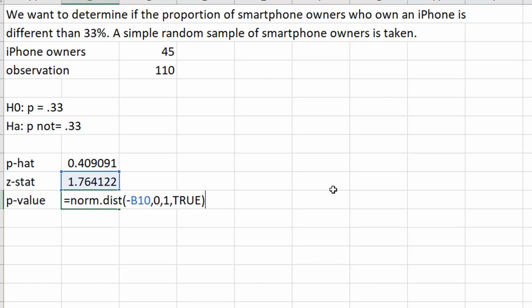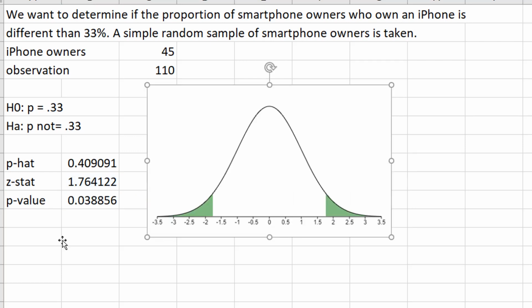Let me show you in a picture what I'm trying to calculate. I want the probability out in these two tails.